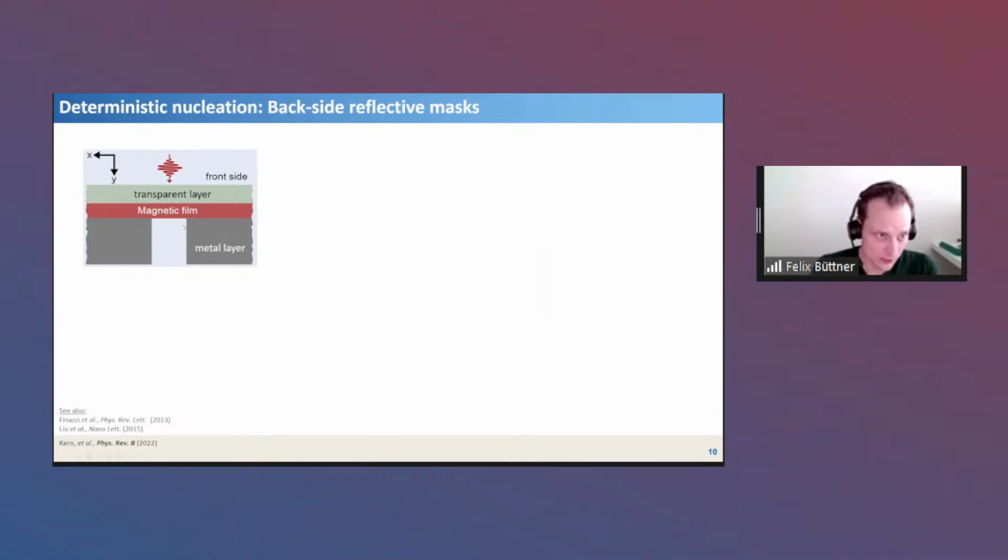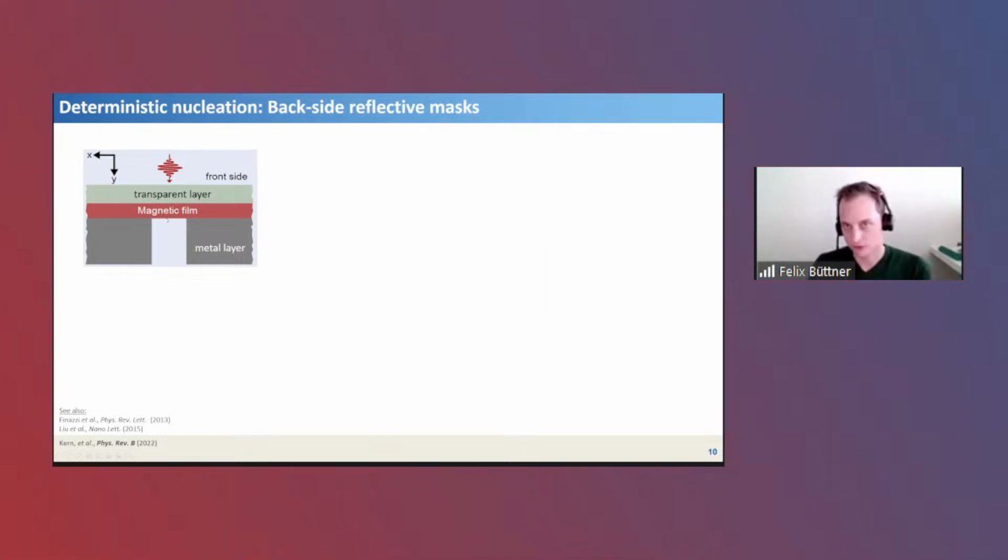For example, if you start with a sample that has a magnetic film, a transparent layer on top and a metallic layer behind, then you have matching between the magnetic layer and the metallic layer, so that more light is transmitted and less is reflected at this interface, and more is reflected at this interface.